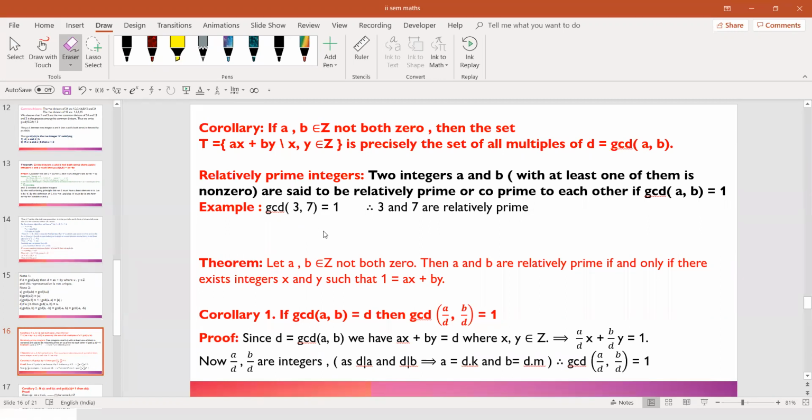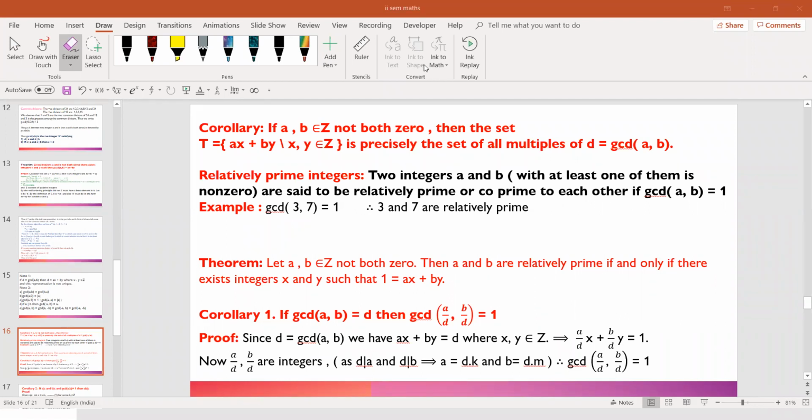Can you name one more pair, everyone? GCD of which pair of two integers is 1? All of you answer this question. Give me some examples of more relatively prime integers.